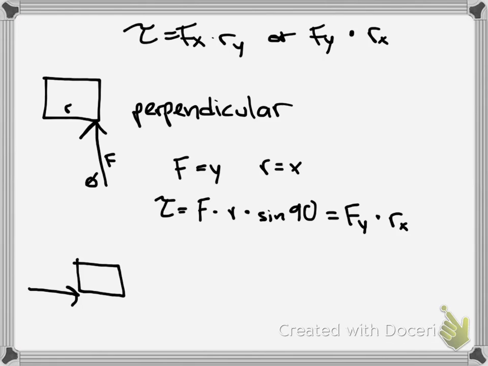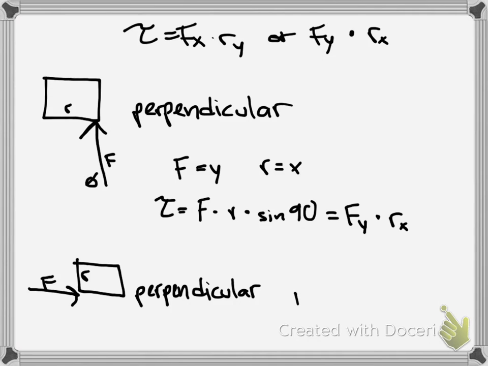Now, in this case, the box has a force being applied to it that is perfectly horizontal. It is perpendicular, by the way. I know it's poorly drawn, but bear with me. So, in this case, what do you think would be the x component and the y component? Give it some thought. Okay, if you don't get it, you can just pause.